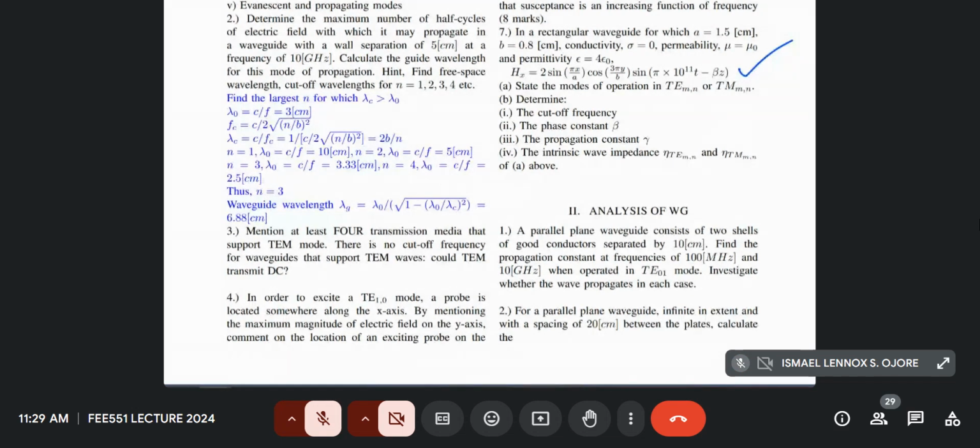So, this is M. What is M here? M is equal to? Can somebody tell me what M is on this equation? You can have your microphone on, Samuel. Yeah, it's 1. M is 1. And N?